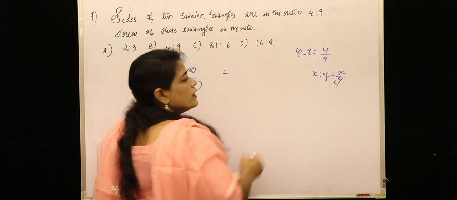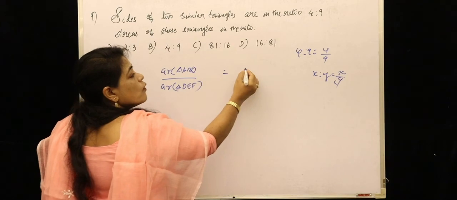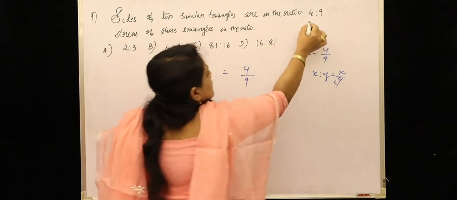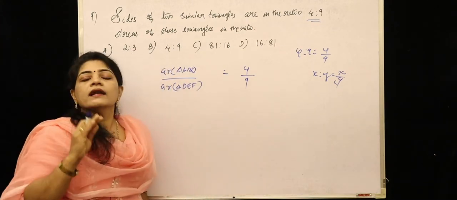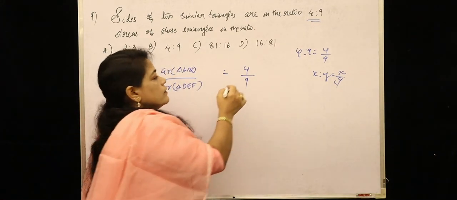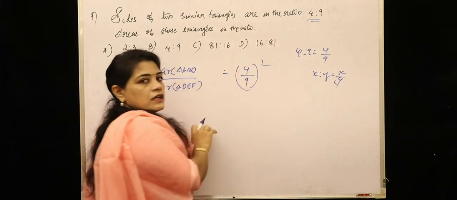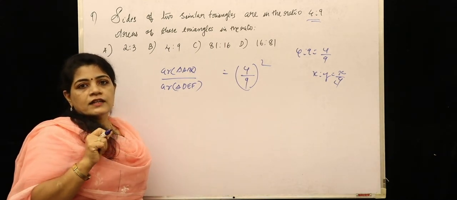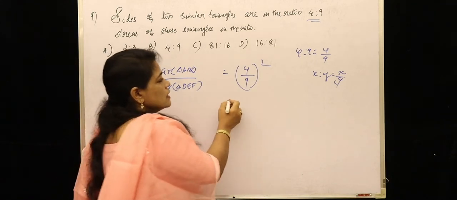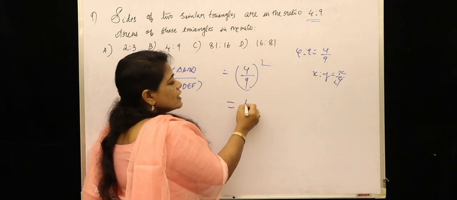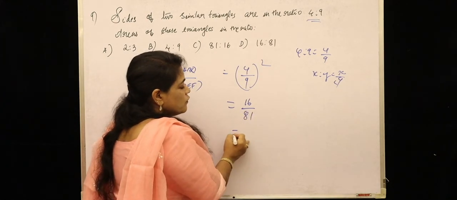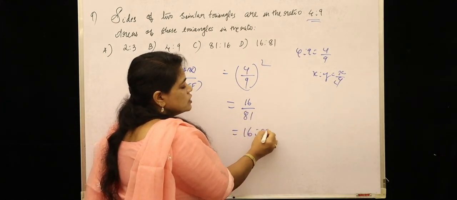So 4 is to 9 can be written as 4 by 9, and its square, because by the area ratio theorem it is the square of the ratio of their corresponding sides. So that is equal to 4 square, that is 16, and 9 square is 81. So in terms of ratio, 16 is to 81.